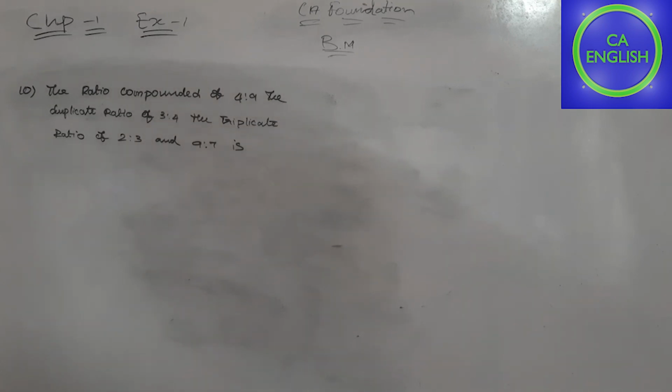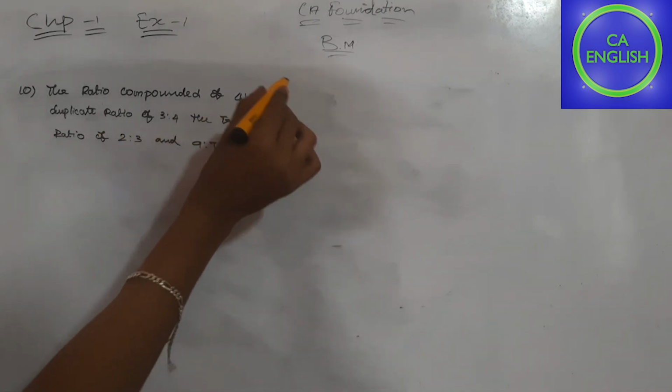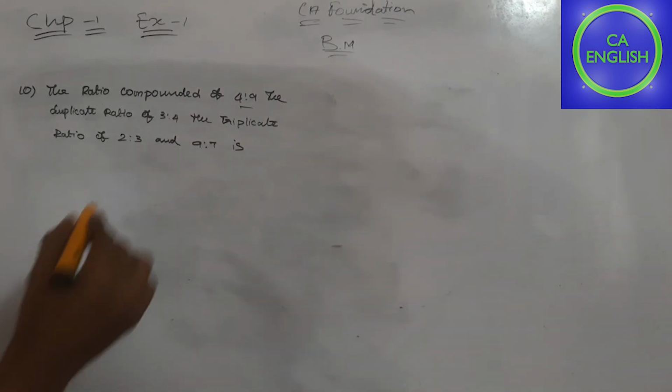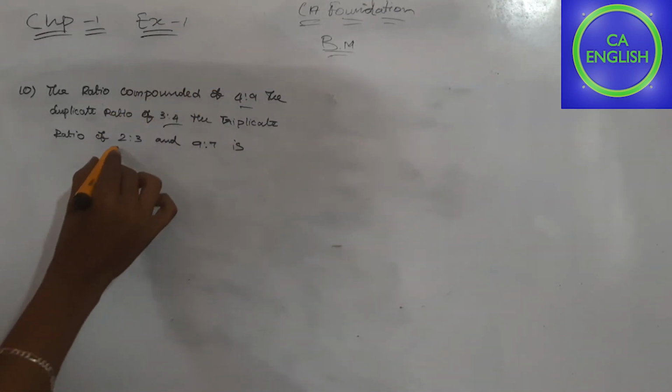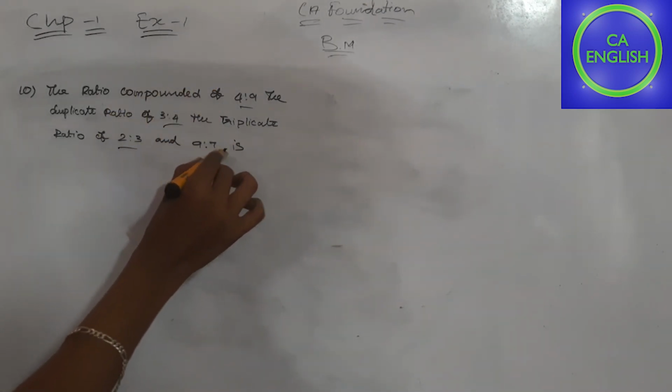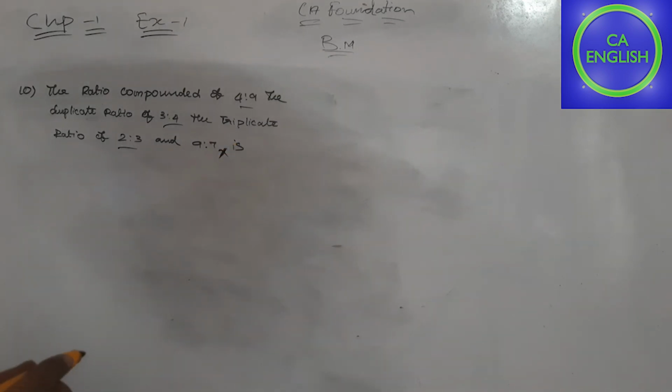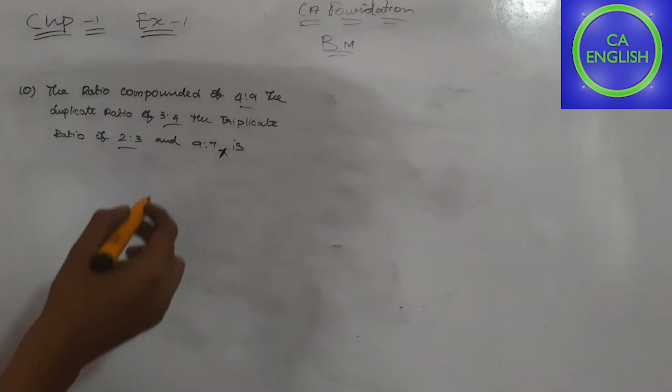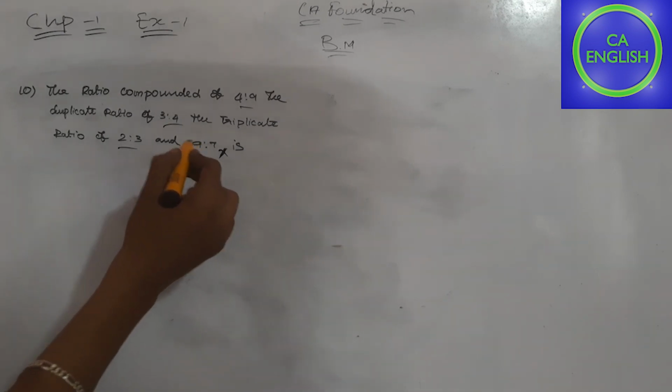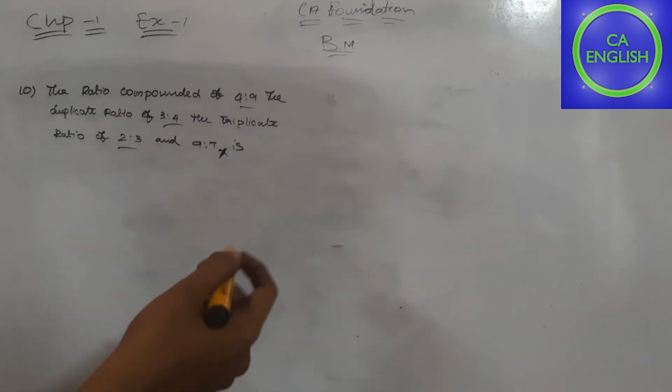In the sum, first we want to know clearly which numbers to take. 4 is to 9, then 3 is to 4, then 2 is to 3. We don't want to take 9 is to 7 because it was given for another duplicate ratio.